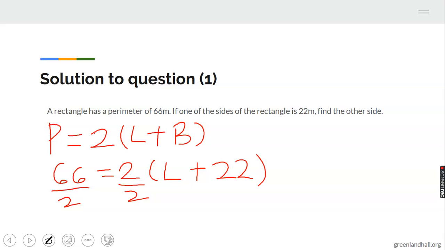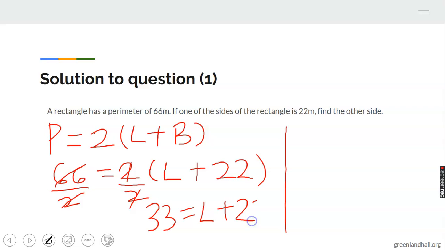So I'm dividing both sides by 2. Then I'm going to have 33 equals L plus 22. If I'm looking for L, that means I'm subtracting 22 from both sides. That was what I taught you in finding the unknown in a simple equation. So your L will be 11 meters.